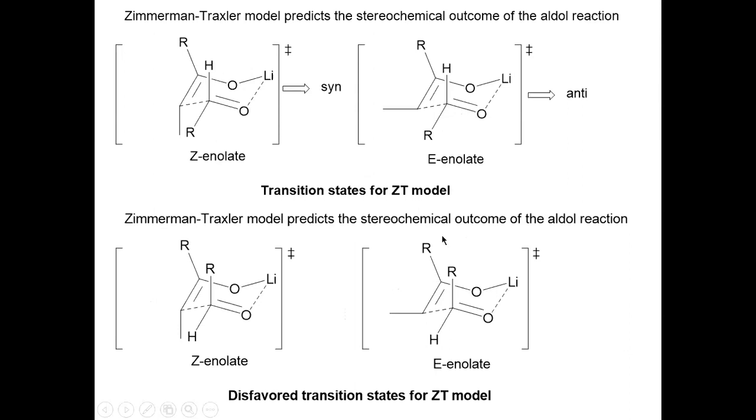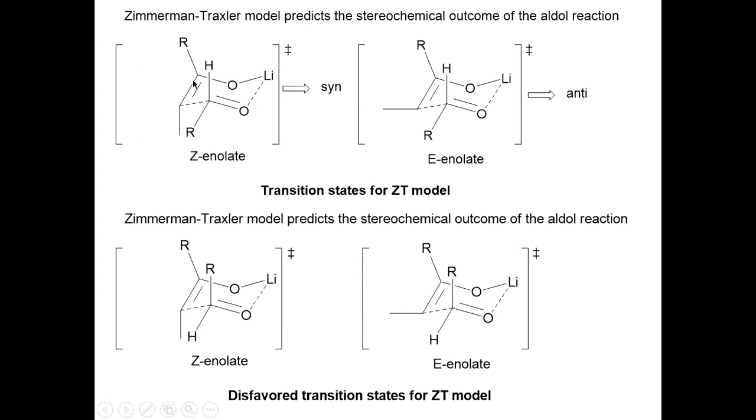This is how we predict syn and anti, right? It's called the Zimmerman-Traxler model, and we use that to predict the outcome of an aldol reaction, right? So if you look at the model here, it was proposed as a six-member chair-like transition state, where your metal organizes it.